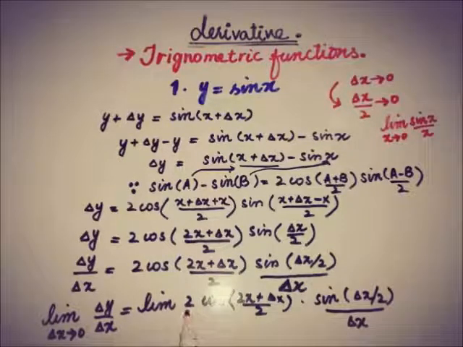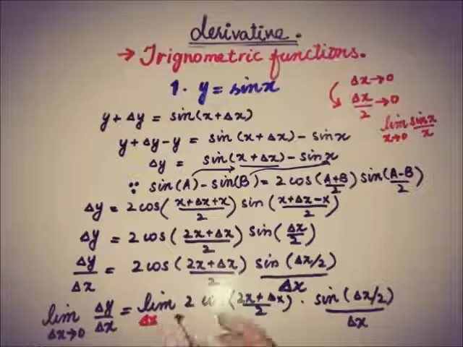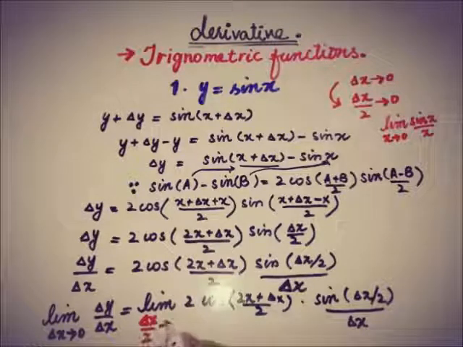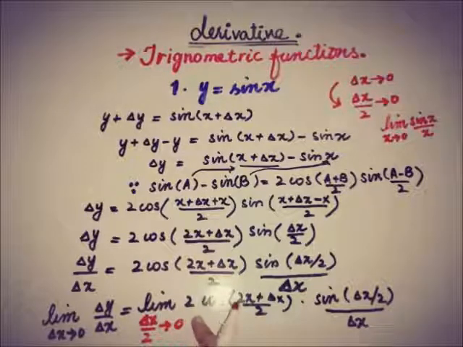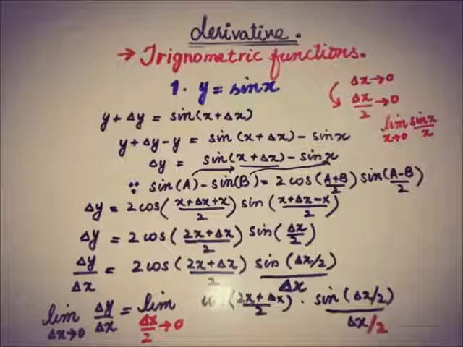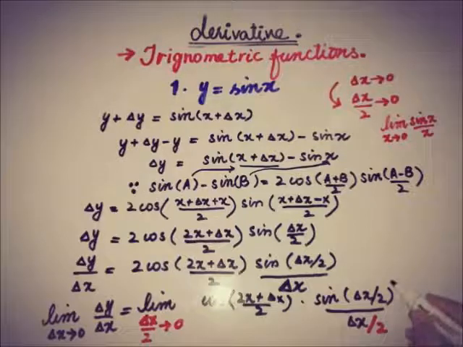Now this 2 will be written as delta x by 2 here, and the limit will change from delta x to delta x by 2 approaches 0. So we can use delta x by 2 approaches 0 here, and this 2 goes to the other side of the equation. Now this limit will apply to both terms, the cos of (2x plus delta x) over 2 as well as this.